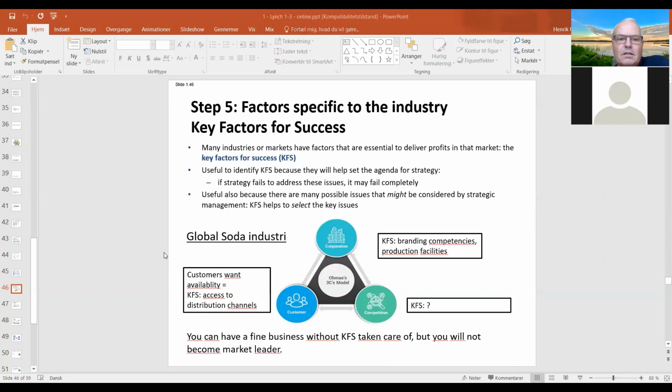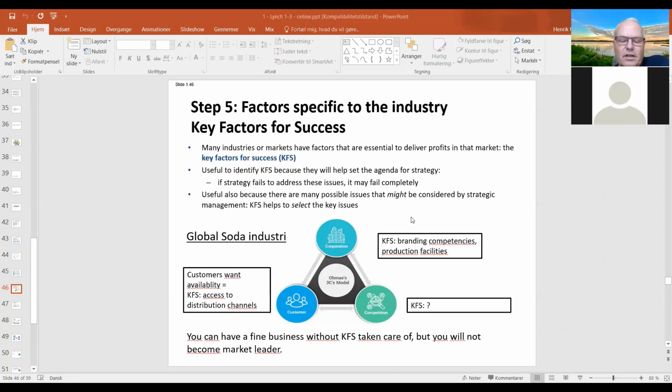Okay, so another example over here, the corporation, our own company. If we want to be a global brand within the soda industry, then we need to have branding competences. We need to have production facilities.